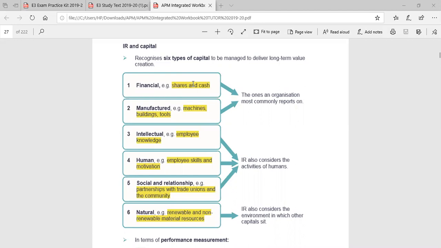All those, in terms of being associated with various organizations, talk about the social and relationship capital. Then we have the natural capital, which is renewable and non-renewable material resources. What resources do they have?